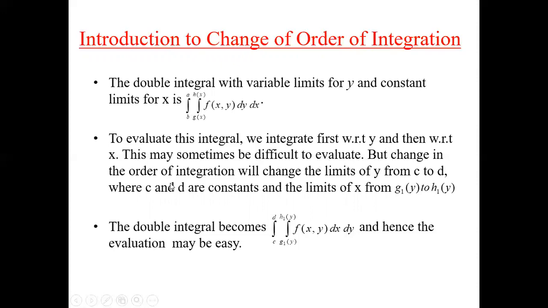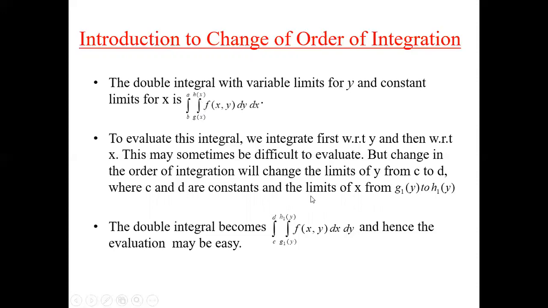But a change in order of integration will change the limits for y from c to d, where c and d are constants, and the limits of x from g1 of y to h1 of y. So the double integral becomes, that means if I change the order of integration, then the limits for y, which are the functions of x, will get converted to the constant limits.